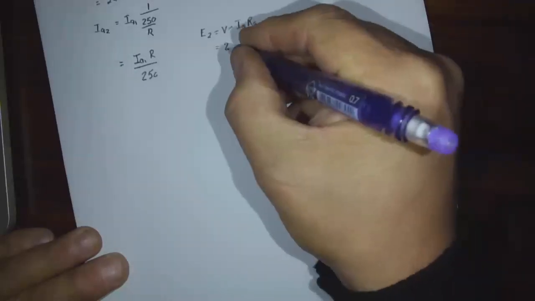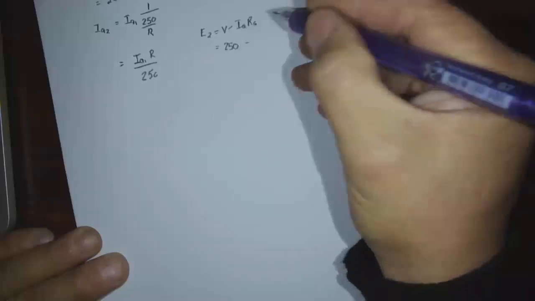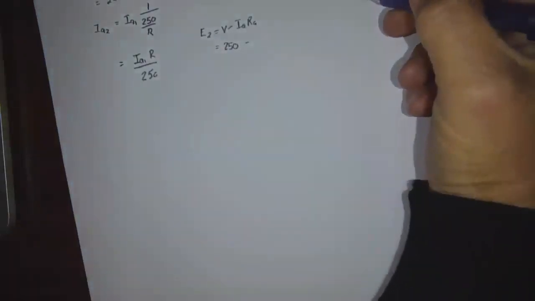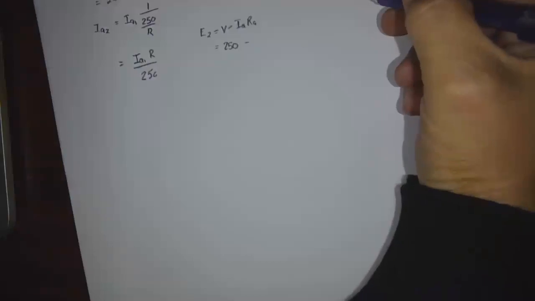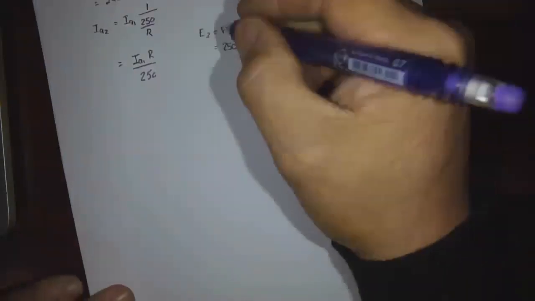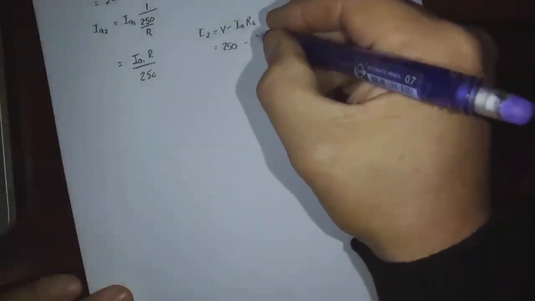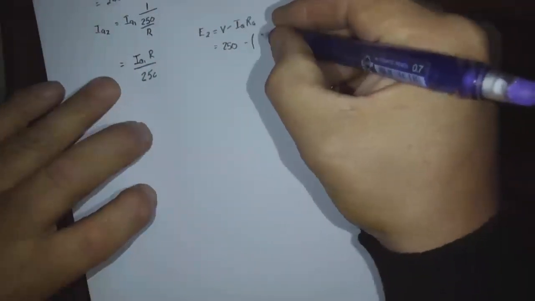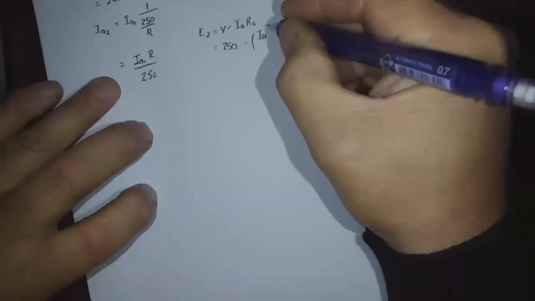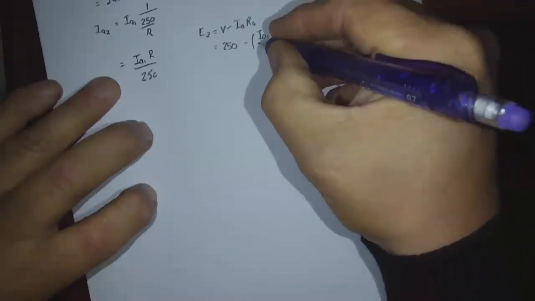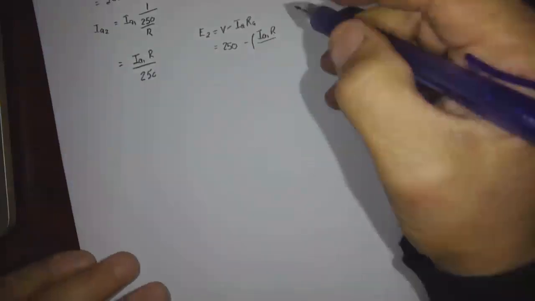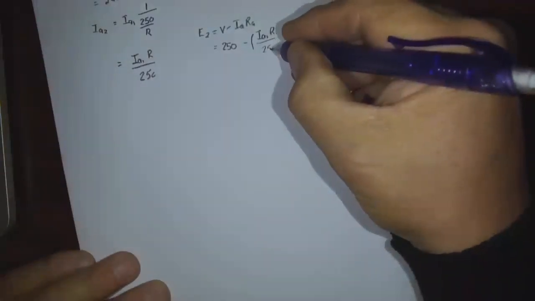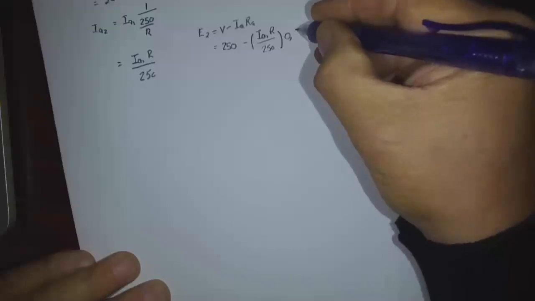That will be 250 minus, which is going to be IA1 R over 250 times half.